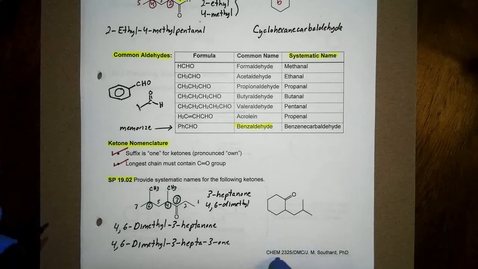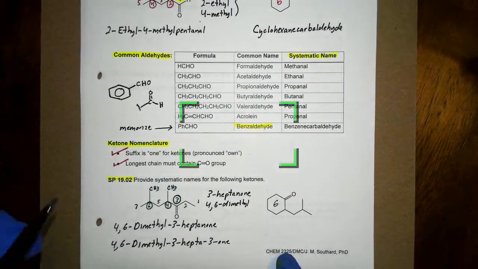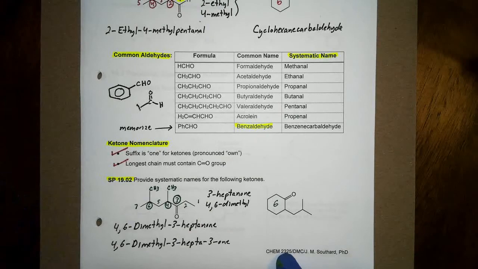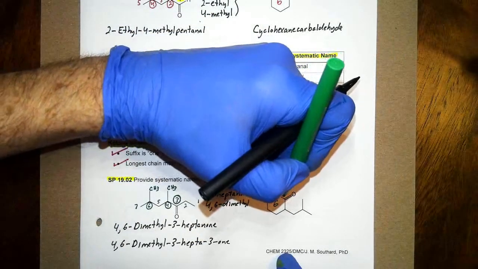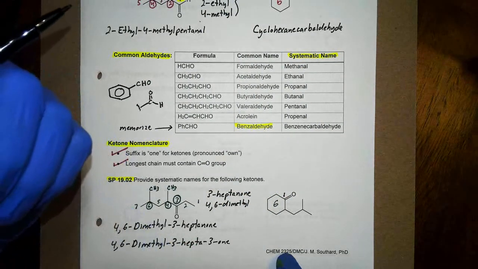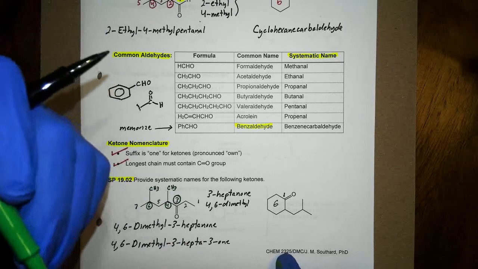As you can see, we have a 6-member ring here. Okay, let me go ahead and write the number 6 in. And here, we're going to name it as a ketone derivative. Now, I bring that up because that's going to mean that this is carbon 1 by default. Okay? And you know that you have to number in a direction that gives you the lowest possible number for the branching group.